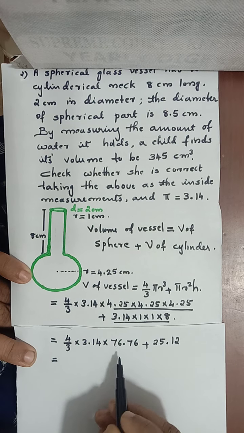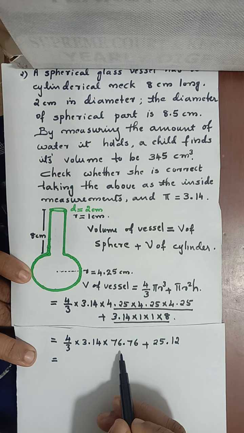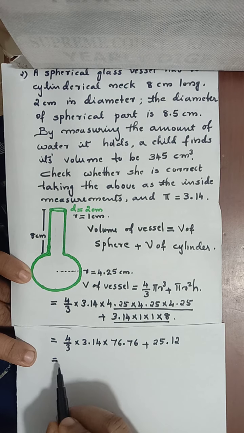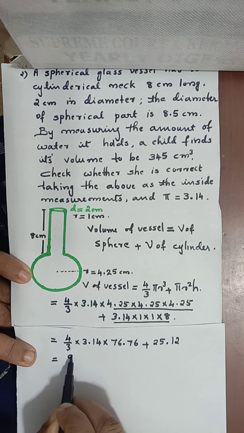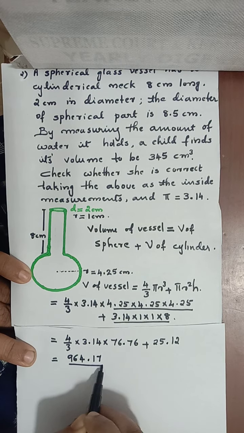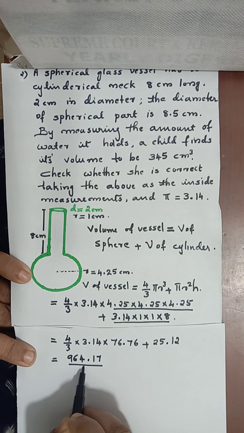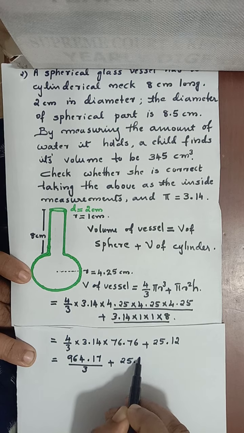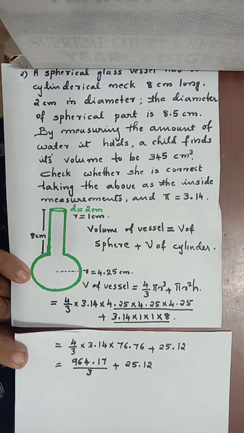Now we are going to multiply 76.76 into 3.14 into 4. Multiply everybody. You will be getting 964.17 divided by 3, plus 25.12 we have.